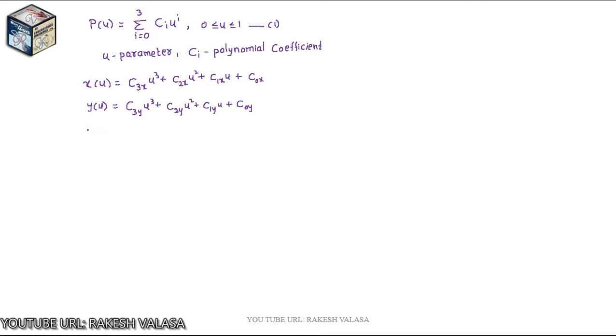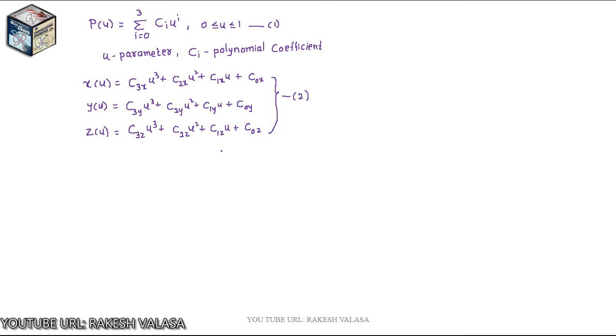Similarly, write z of u, that is C3z u cube plus C2z u square plus C1z u plus C0z. Now you can assume this is the equation number 2.